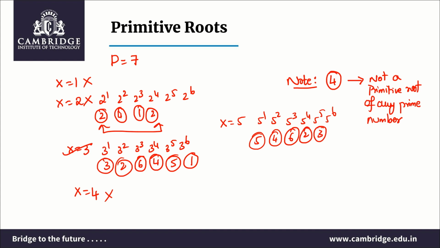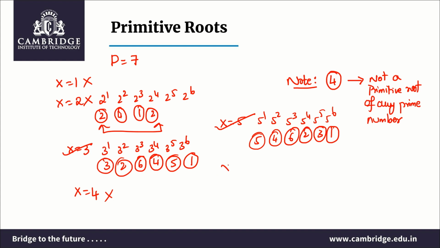Good, so far we are getting all distinct. We are going to get 1 again. So again, it is distinct, so x equal to 5 is also a primitive root.